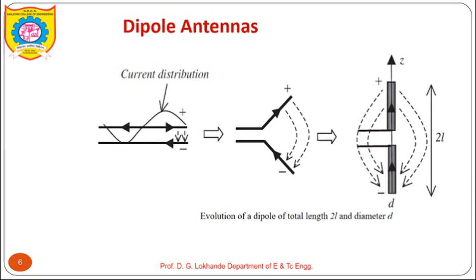The movement of charge creates a traveling wave current of magnitude I0 by 2 along each of the wires. When the current arrives at the end, it undergoes complete reflection of 180 degrees, adjoining the half cycle, hence radiation from the individual wire occurs.